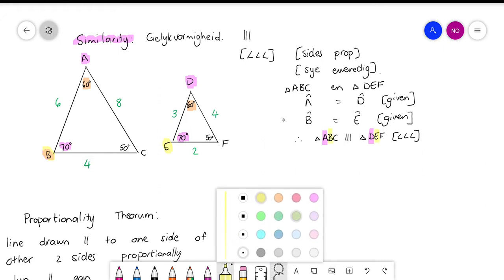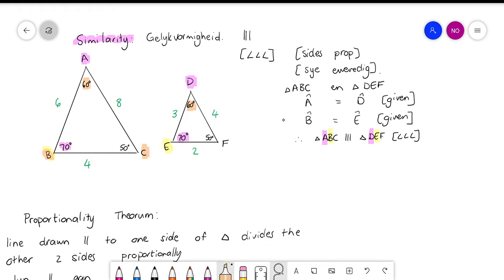Daai volgorde is baie belangrik in jou antwoord. C en F is dieselfde grootte, so hulle kom derde. It has to be, if you picked the order for the first triangle, then you have to stick to that for the second triangle. Okay, so we've proven similarity there by using angle, angle, angle.